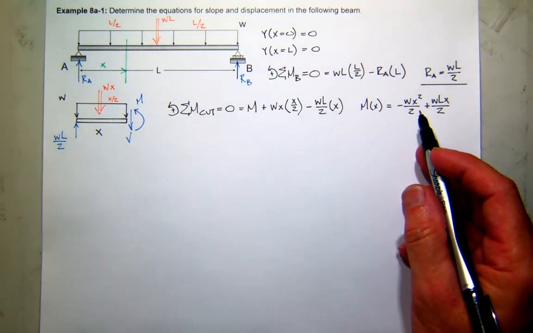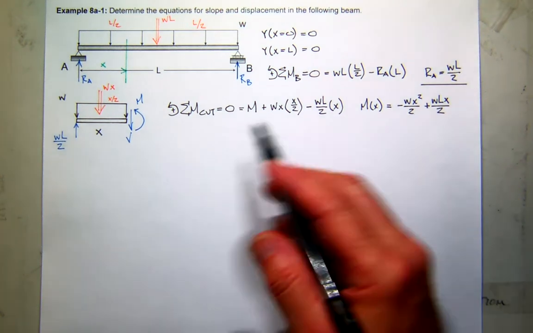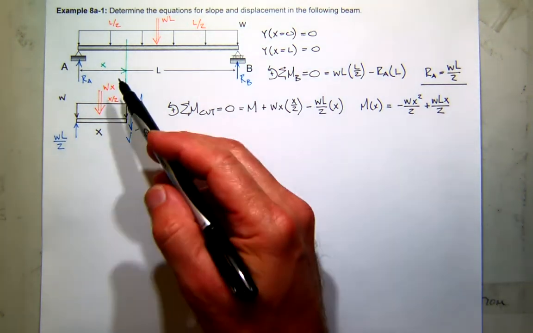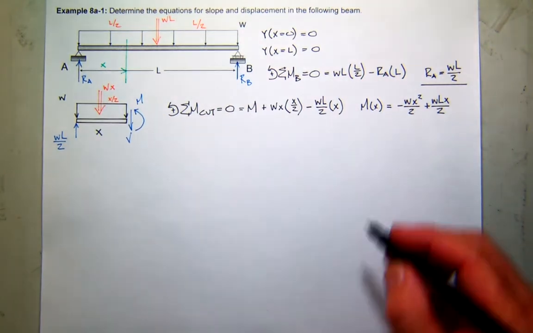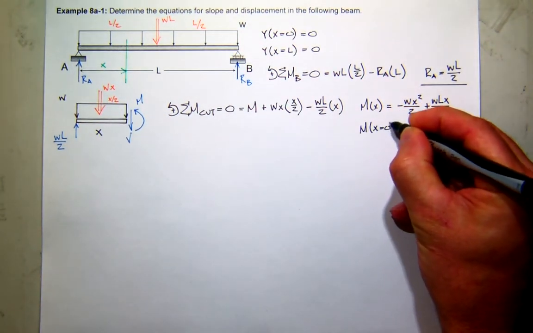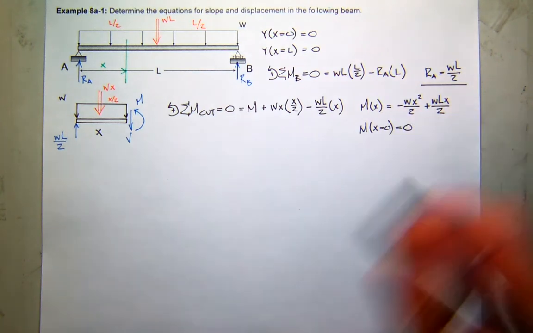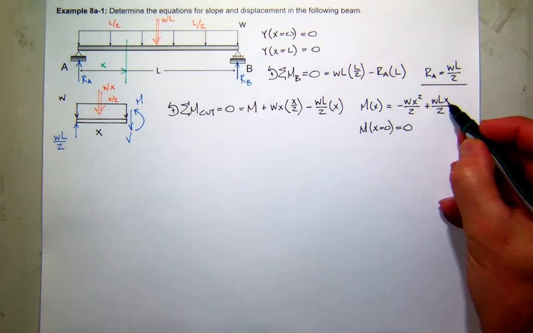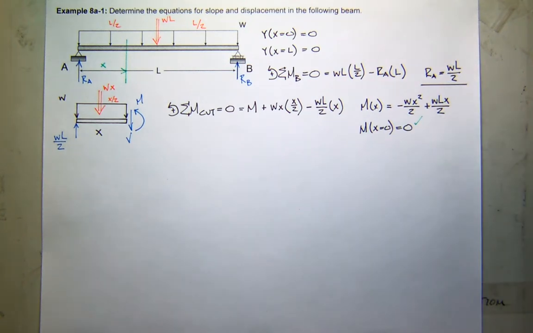Well, does it work? Do I know something about the moment in my beam? Do I know what's the moment at A? So that means the moment at x equals 0 should be 0. Does my moment equation give me that? 0, 0. Yes, it does. Do I know the moment somewhere else?